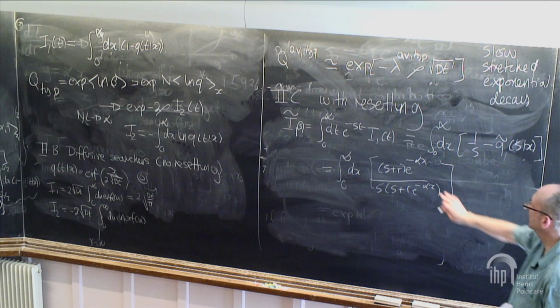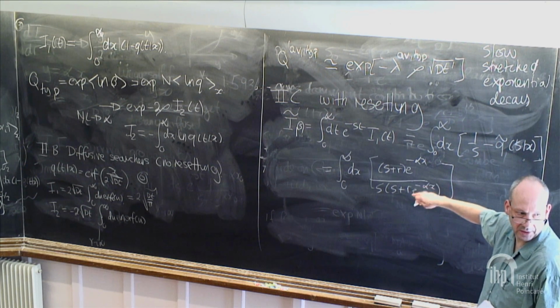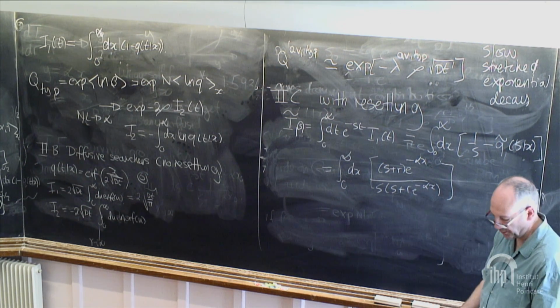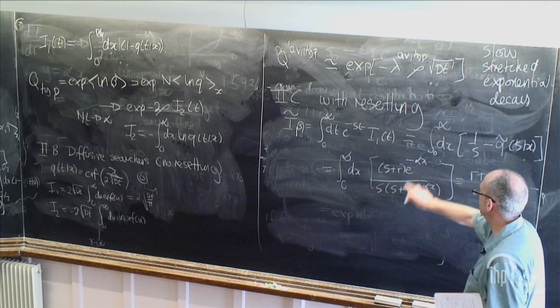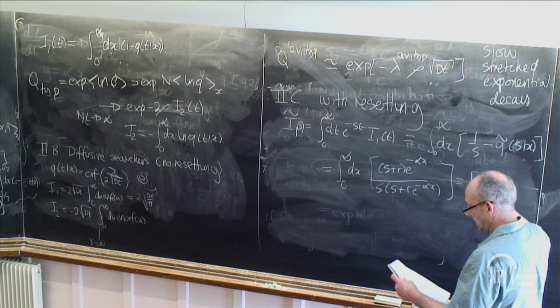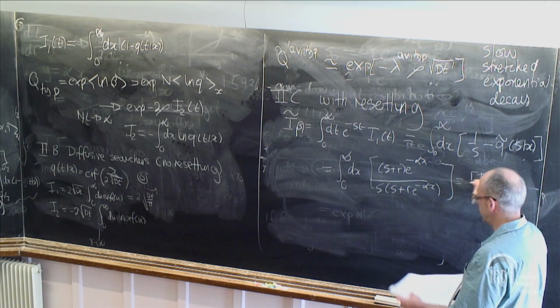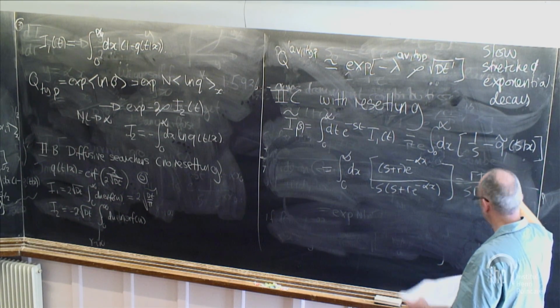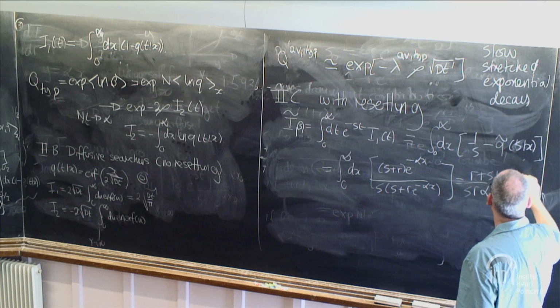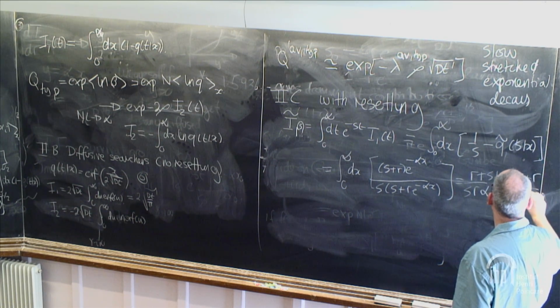Then it turns out that's nice because this is an elementary integral that one can do, just by inspection. And I get (r + s) over (s r alpha) times log of (s + r) over s.